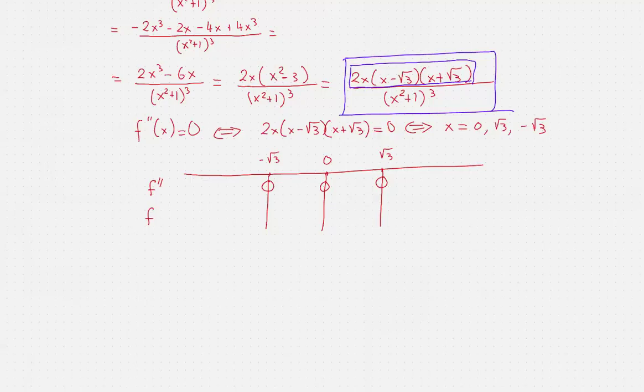And either we can keep plugging in numbers. So for example, between 0 and square root of 3, we can plug in 1. And if we plug in 1, we will see that 1 minus square root of 3 is a negative number. And that will give us a negative sign. But there's also this general remark that we can use that whenever we have a polynomial of degree 3 that has 3 distinct roots, then it changes sign across every root.